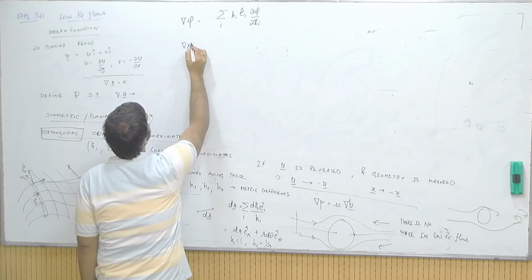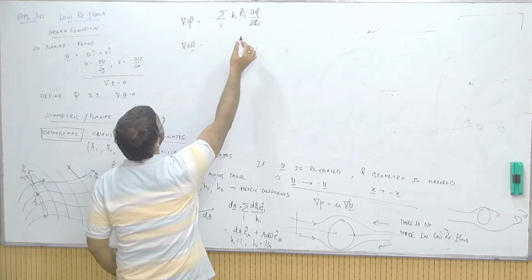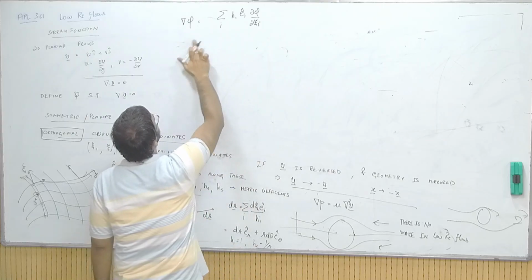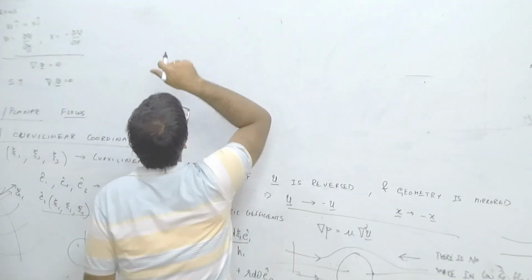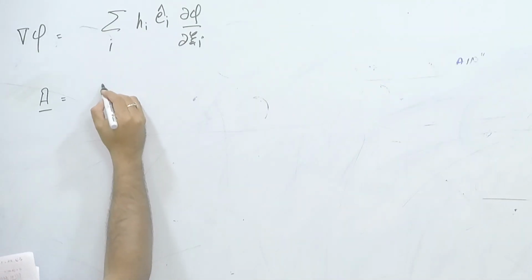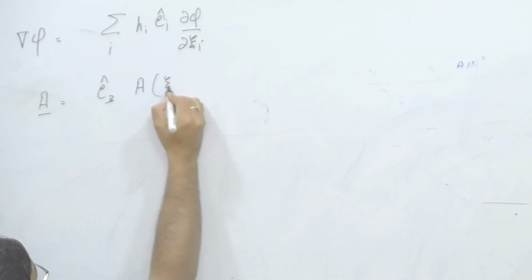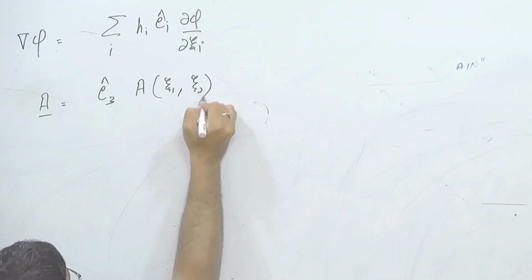Curl is defined like this. Let's not define curl for any general vector. Let us say there is a vector which only has an e hat 3 component and the component is varying in the other 2 directions only.